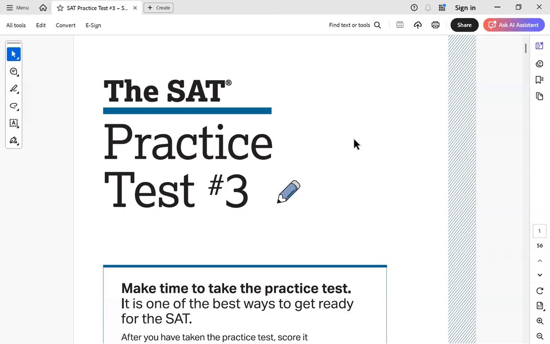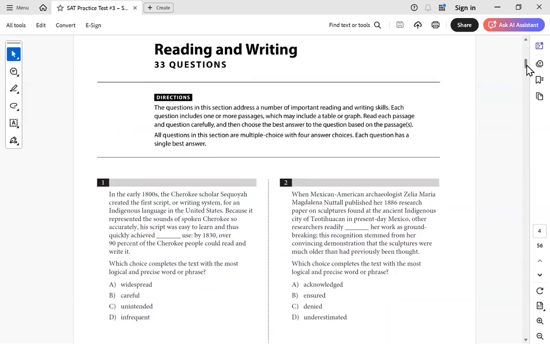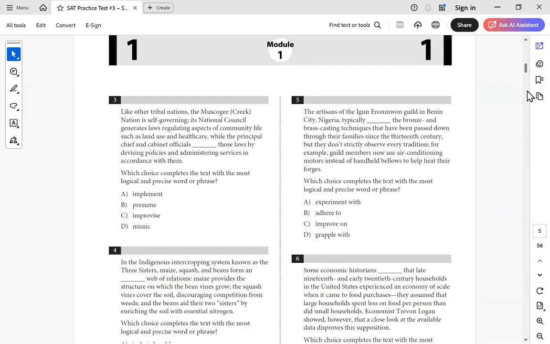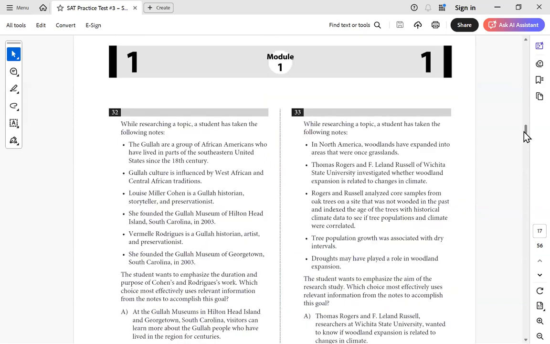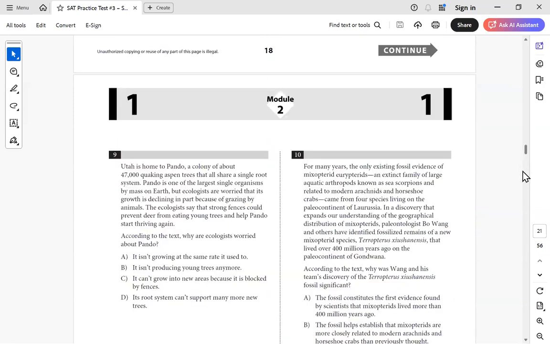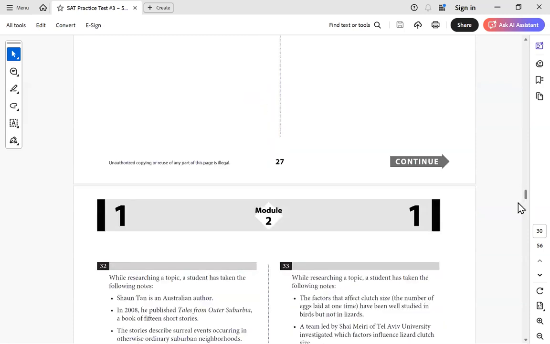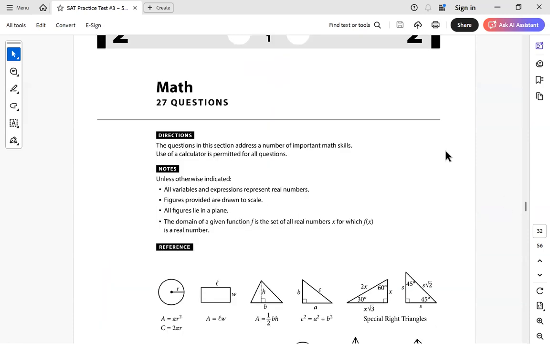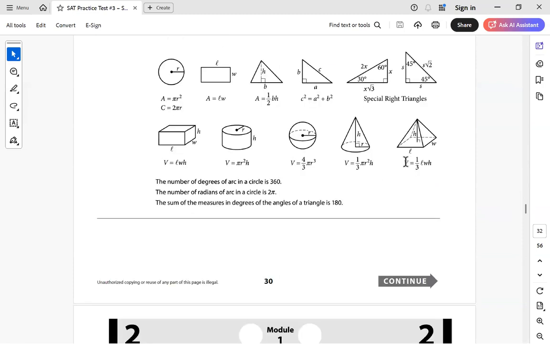Once you download the SAT practice test number 3, it'll look like this. It starts out with a reading and writing portion, and it has 2 reading and writing modules. Then the math modules come. The math modules start here on page 30.